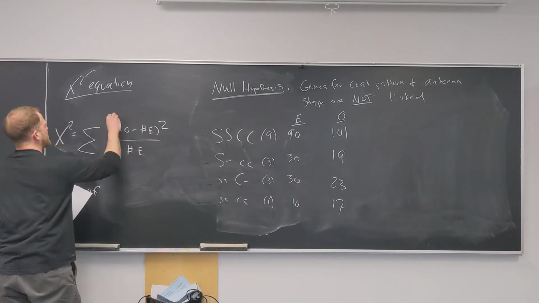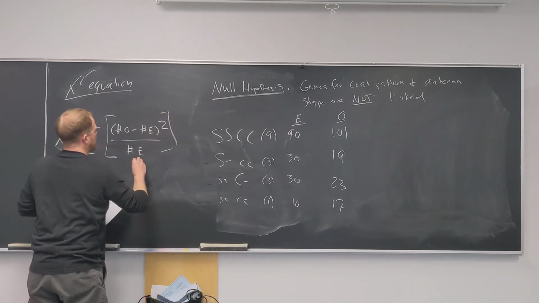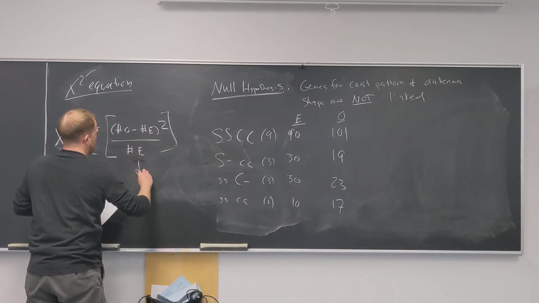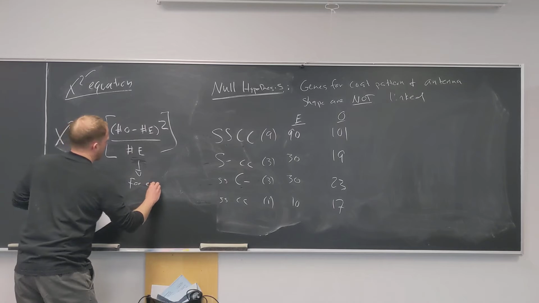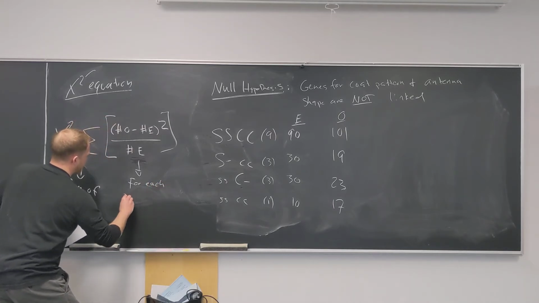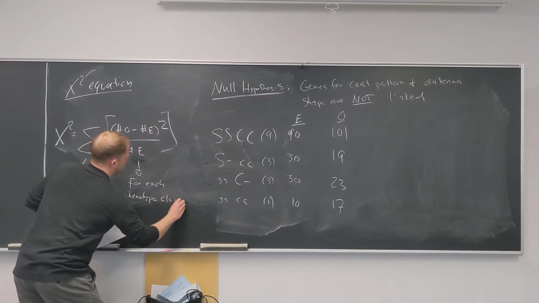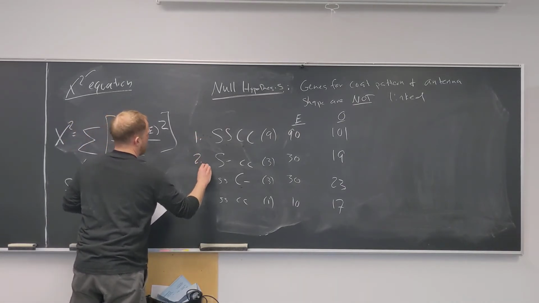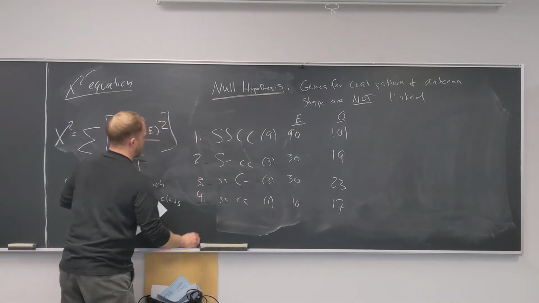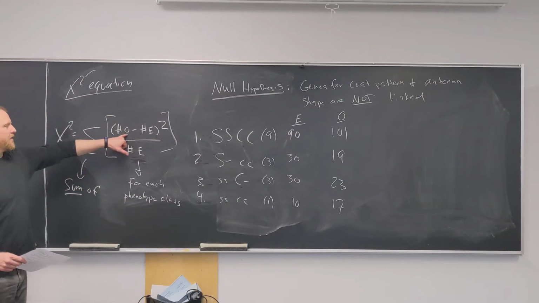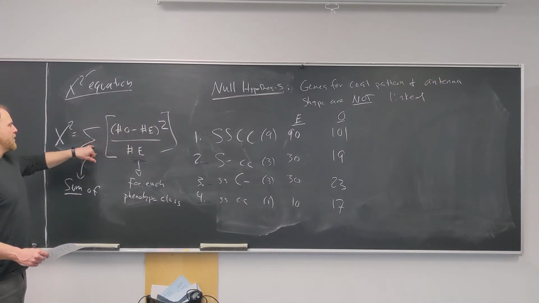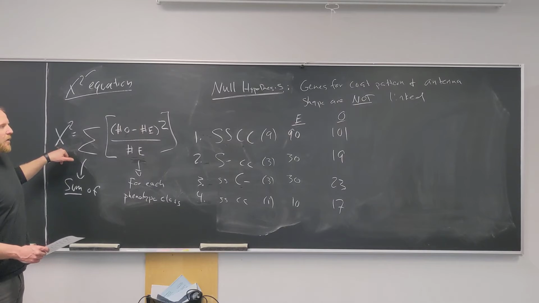We're going to do this for each phenotype class. We have 4: 1, 2, 3, and 4. So we're going to calculate 4 of these, add them up, and that gives us a number for the chi-squared test.